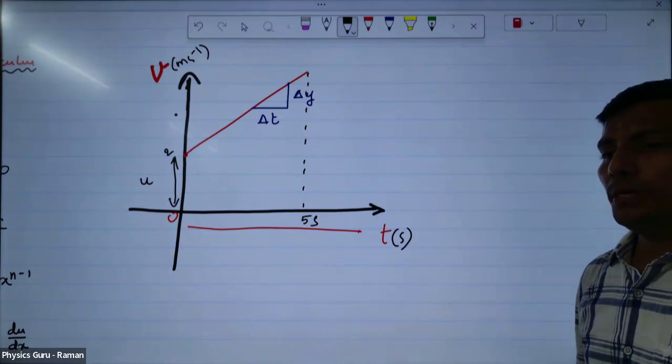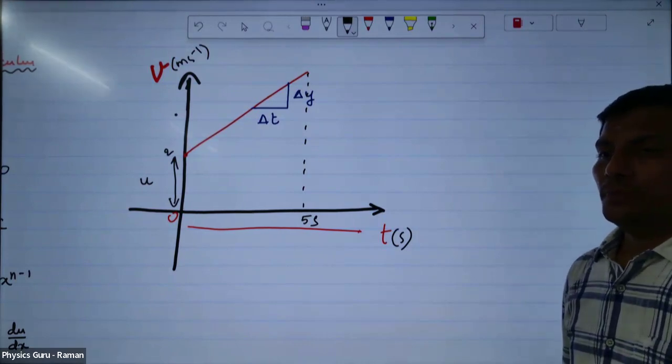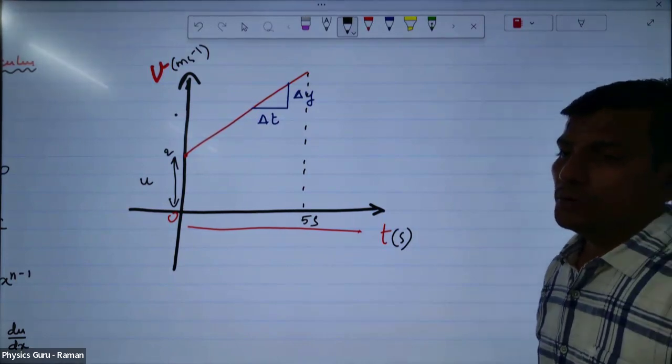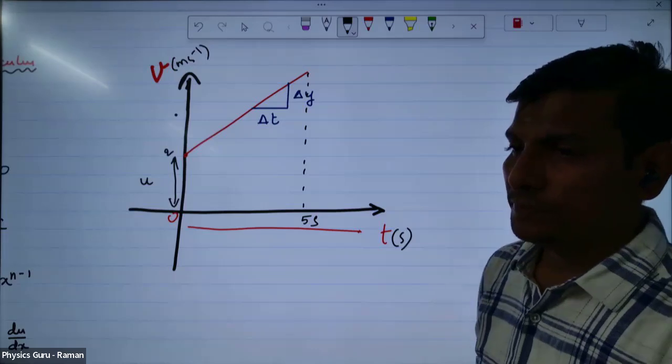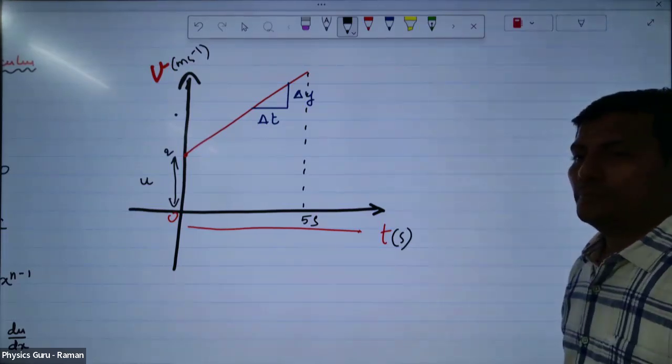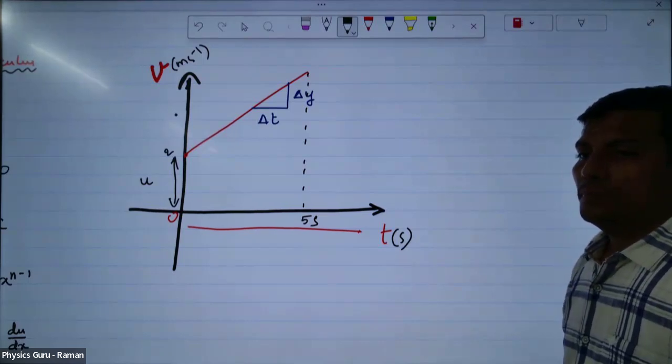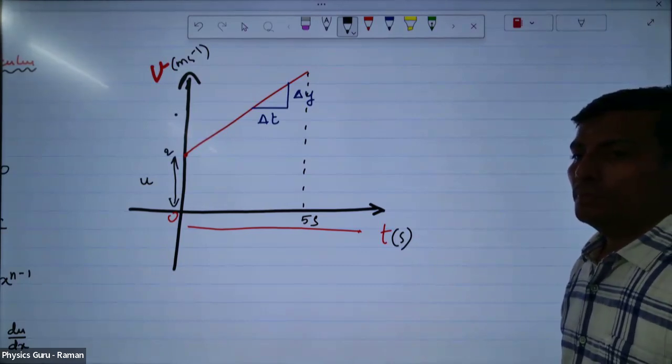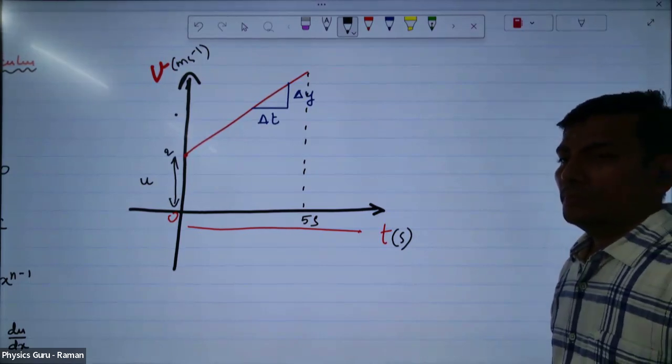So what's the acceleration acting on the body? Acceleration due to gravity.